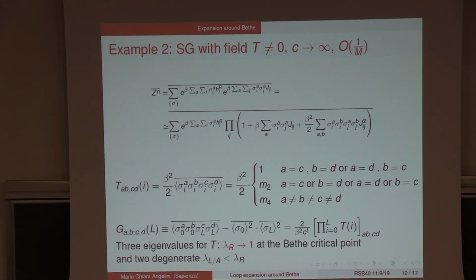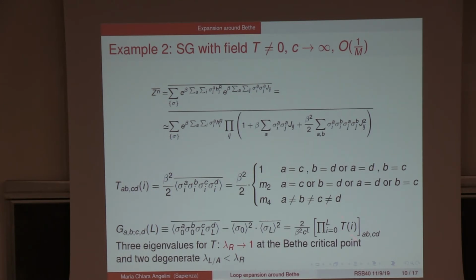Before, the correlation function was the transfer matrix to the power L. Here we have exactly the same thing, with the exception that we have some replica indices.